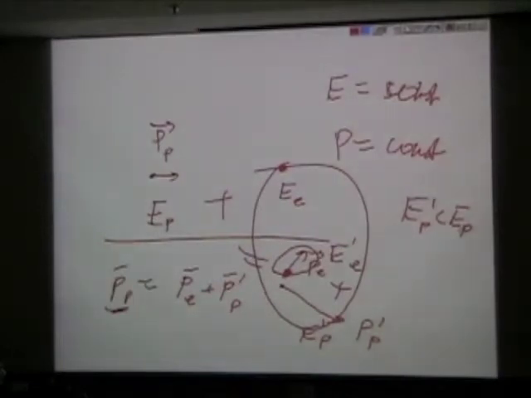That means the scattered photon always has a different wavelength. How different? Well, the energy is inversely proportional to the wavelength. If it loses energy, that means the wavelength should go up. It should be higher. And that's what experiments show. That is what the Compton effect looks like from a quantum mechanical point of view.